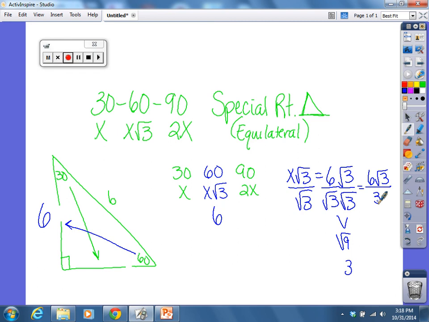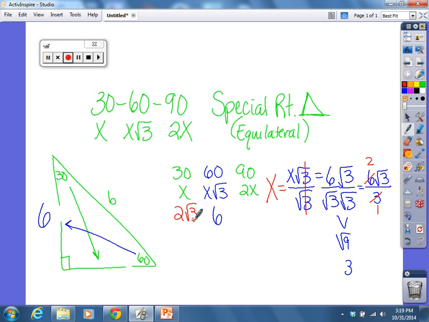Well, it's not finished. This is when you hear the moans. It's not finished because you have to simplify your number. 3 goes into 3 one time, 3 goes into 6 two times. So you have a grand total for your x value of 2 square roots of 3.